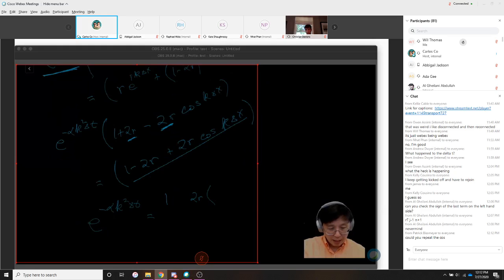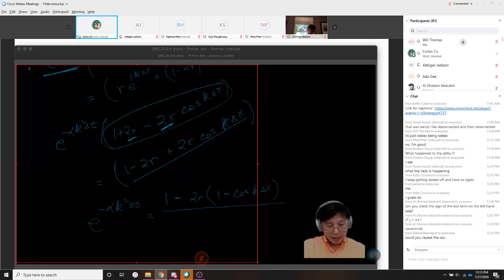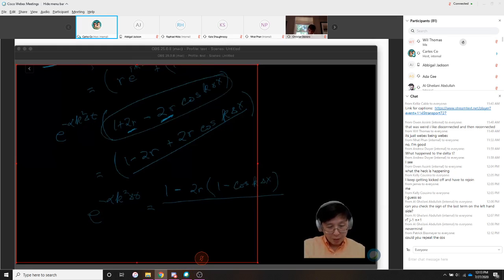And then if we put a minus sign there, we'll have a 1 minus cosine k delta x, right? And then in the denominator, we have this one there, right? And so we will have a 1 plus 2r, 1 minus cosine k delta x.